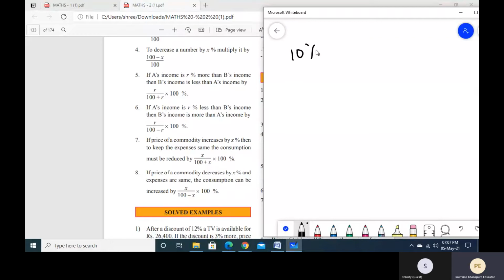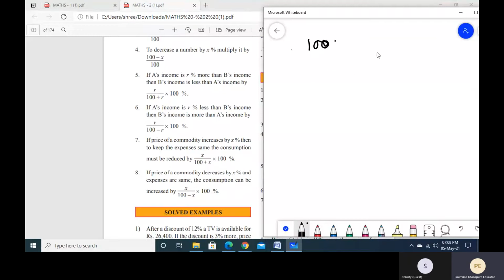Then to keep the expenses same, the consumption must be reduced. That means, let's say your monthly expenses are 100 rupees. Out of this, we are buying things like the ration, the light bills, phone bills, the rent of the house, whatever we have in a month.